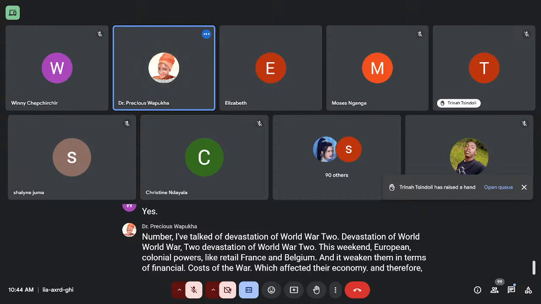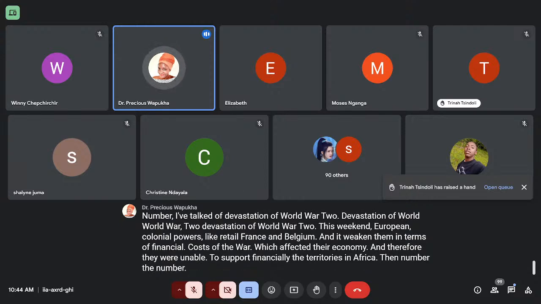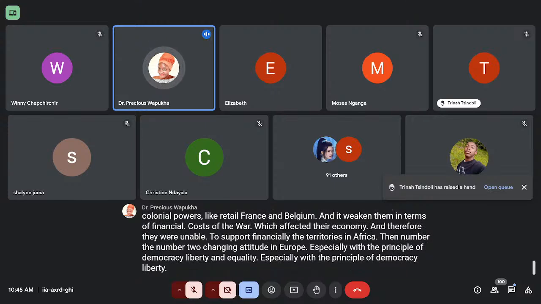And therefore, they were unable to support financially the territories in Africa. Then number two, changing attitude in Europe, especially with the principle of democracy, liberty, and equality. This promoted independence.